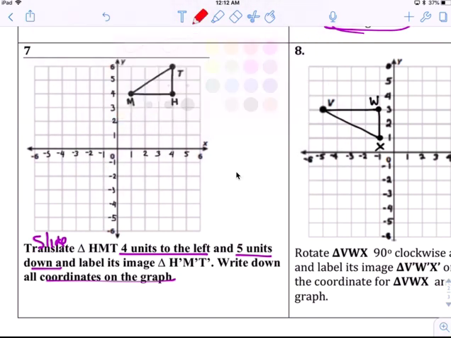So, 4 to the left, 4, and 5 down. 4, 5 down.